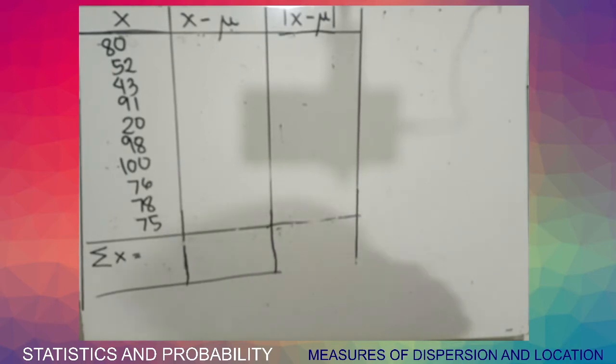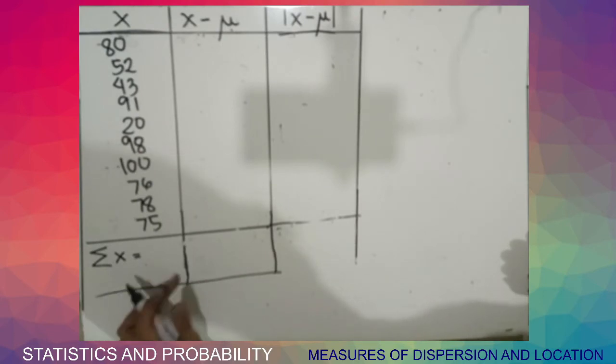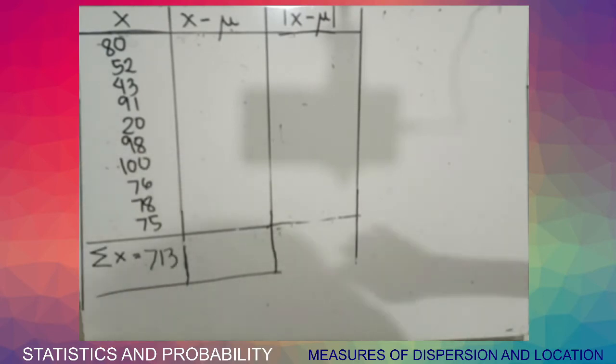So, 713. Tama ba? Okay, 713 ba yung nakuha nyo? Okay. So, 713 yung sagot natin dun sa unang part, yung sum natin ng x.